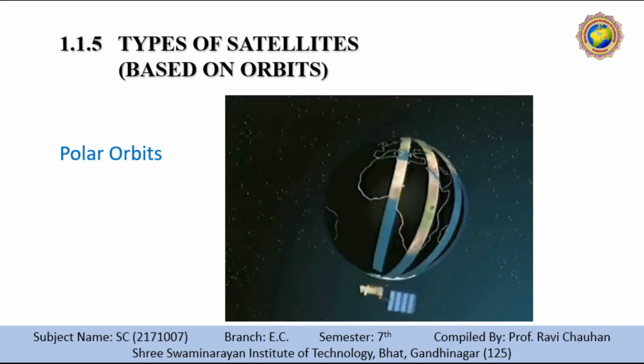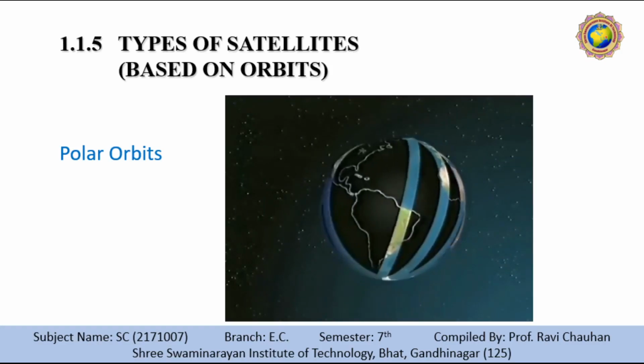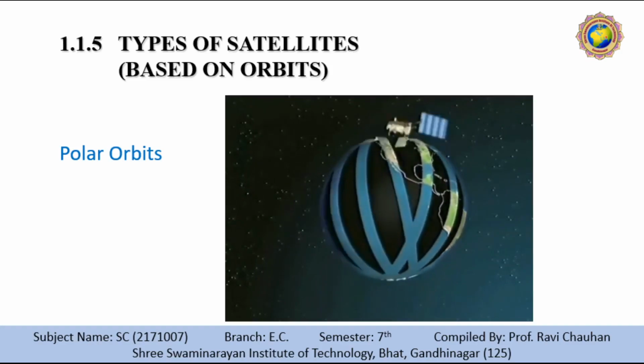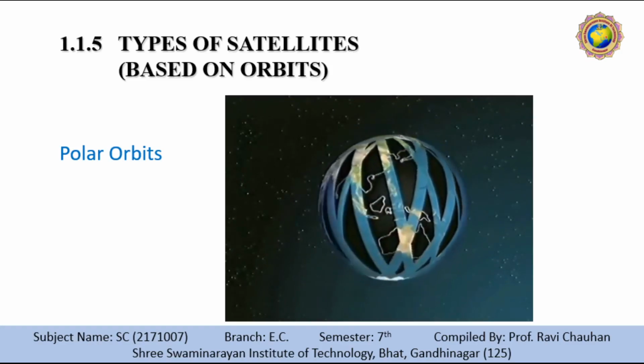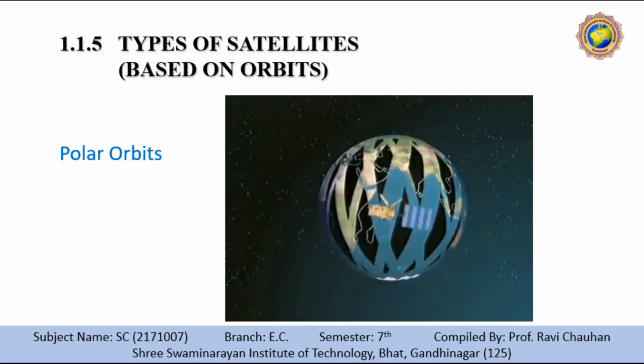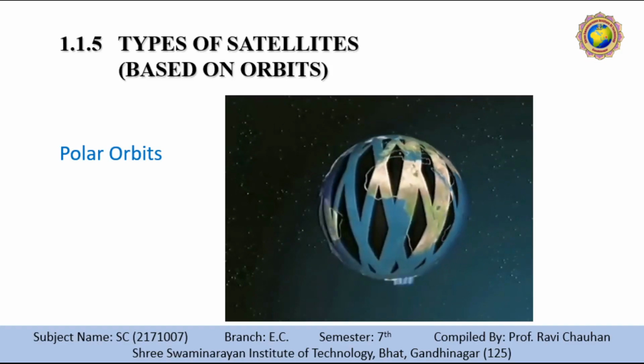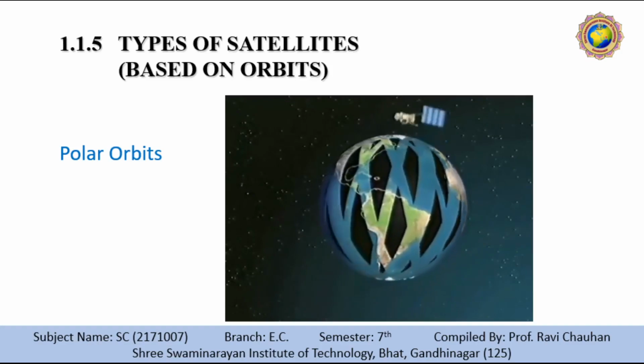Polar satellites. This orbit passes above both the north and south poles of the planet on each of its revolutions. Therefore, it has an inclination very close to 90 degrees. These orbits are highly inclined.